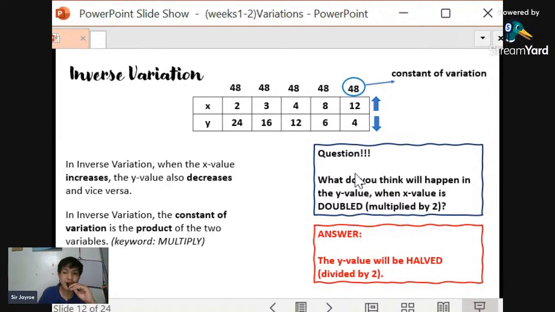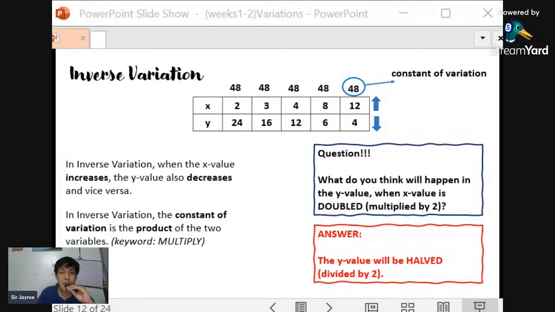Anyone? So what will happen? Yan ang tamang sagot. Okay? Divided by 3. Yan, good. Hindi natin pwedeng sabihin na basta nag-decrease. Okay, natututo kayo, good. Okay?